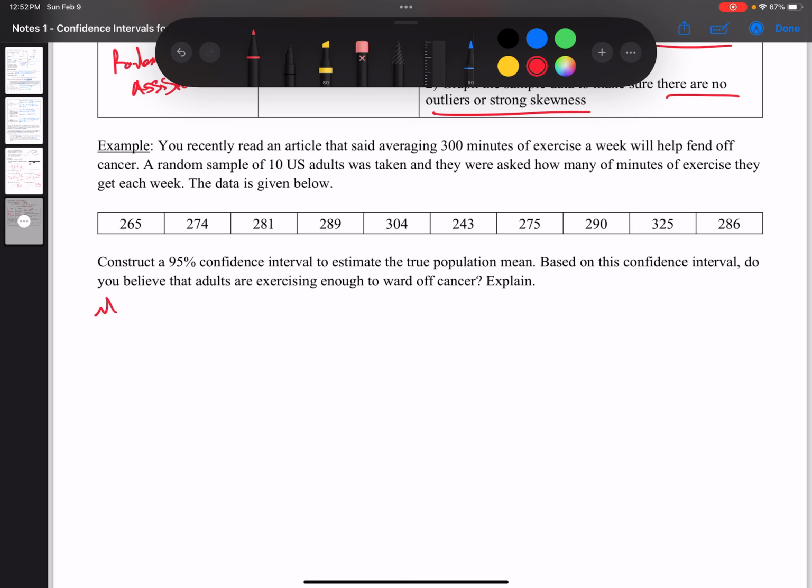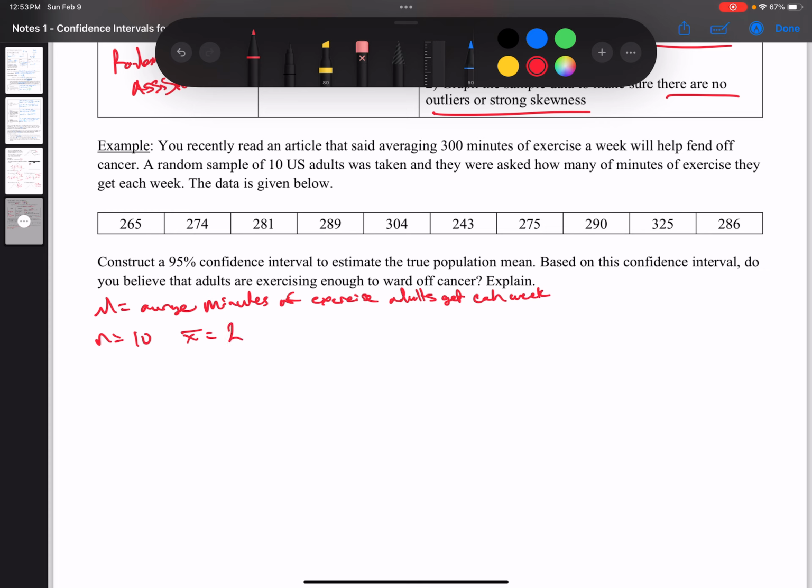All right, so let's see. Got to talk about things. Our mu this time is the average minutes of exercise adults get each week. Our sample size this time was 10. Our x bar, and we can throw this in your calculator. You do not have to write down the calculations for how you got x bar.